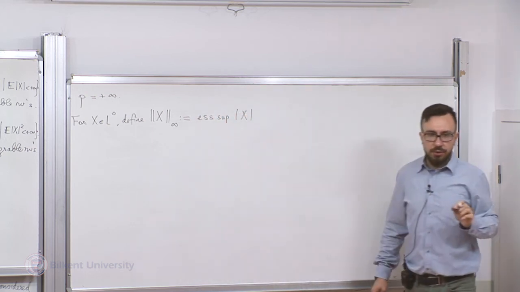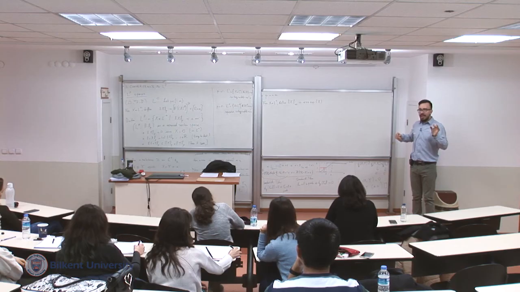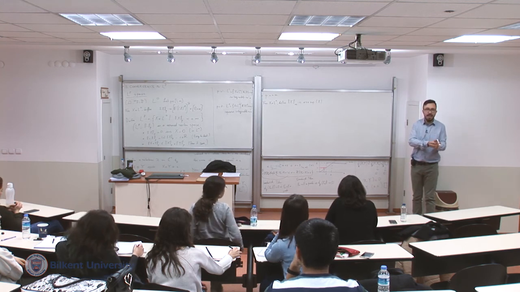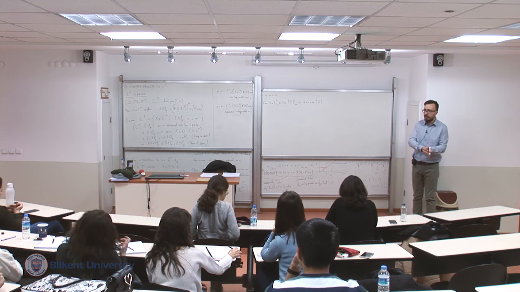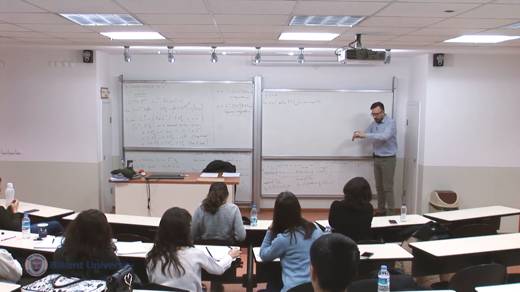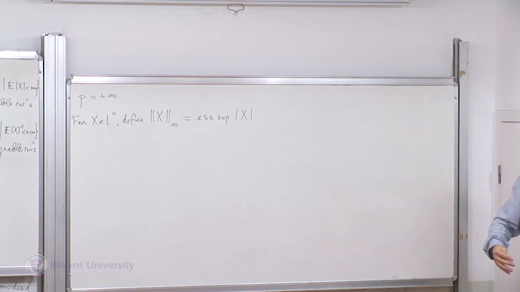What is the essential supremum? It is the supremum, the largest value that the random variable can take, but it can exceed this value on a set of measure 0, on a null set of probability 0. So in other words, if your random variable is generally bounded, but takes some crazy values on a set of probability 0, you still call it bounded, or essentially bounded.